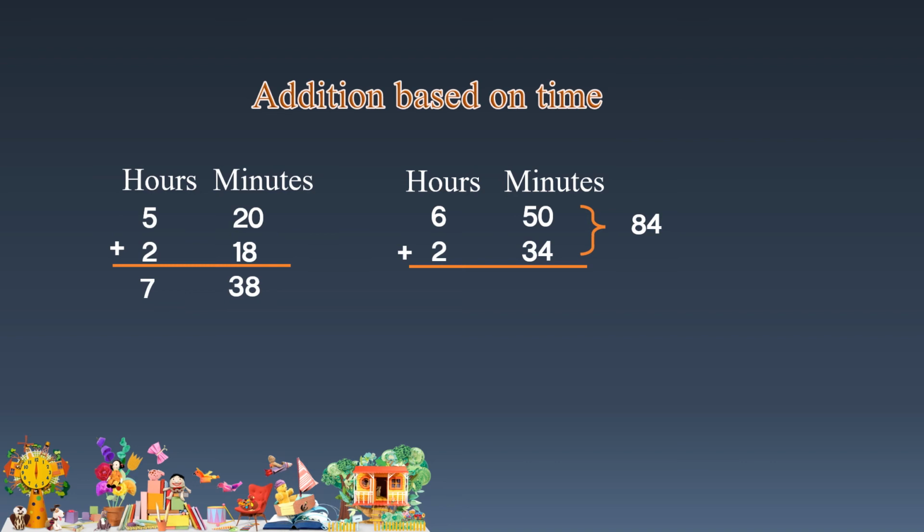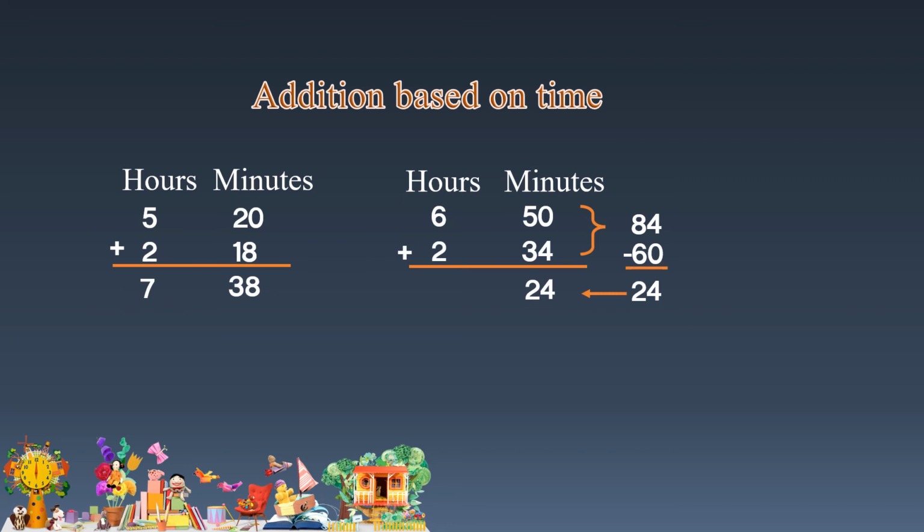Since I have got the hour column, I have to separate 60 minutes from minutes column and send it to hour column. Therefore, inside 84, I have got one group of 60, one set of 60. Therefore, I have to separate it. That means I have to subtract that 60 from 84. Only 24 remains. So, I can mention this 24 under minutes column.